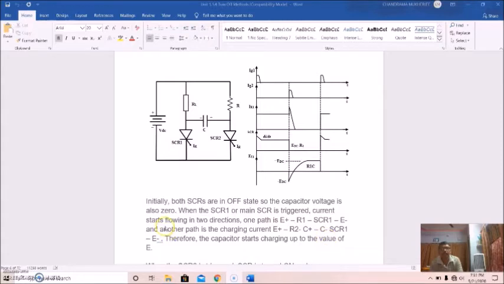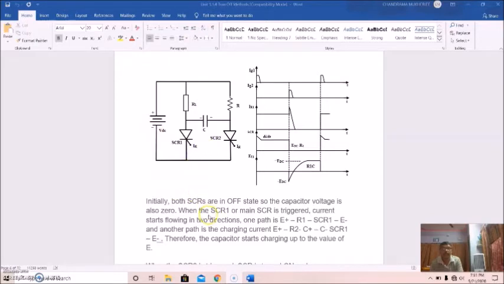Now the current starts flowing in two directions. One is from the positive of the input voltage through the load resistance, then the main thyristor, and then the negative plate of the supply, that is E negative.